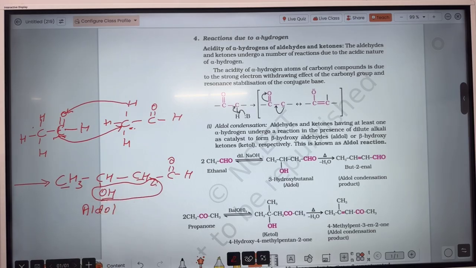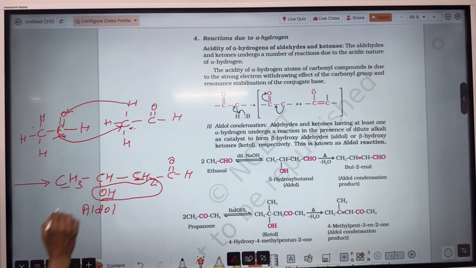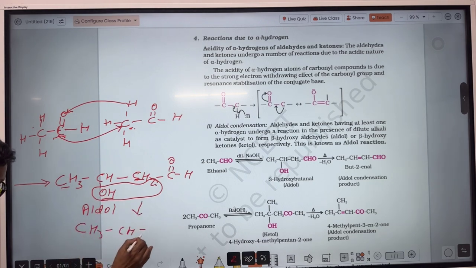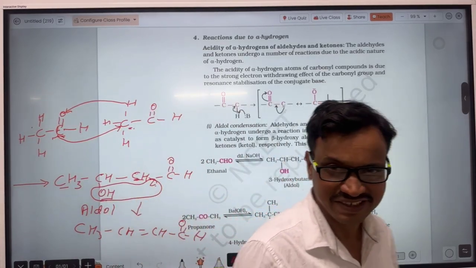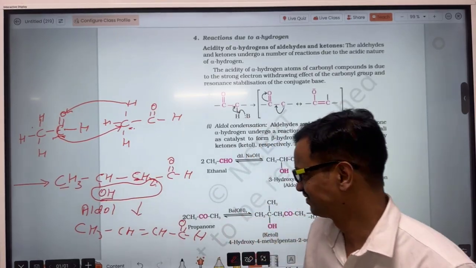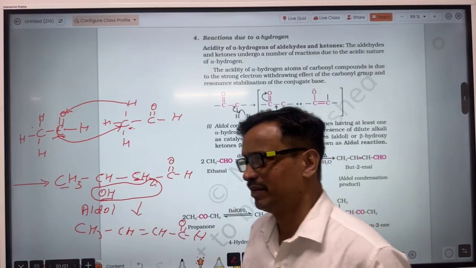So this OH will bond to the hydrogen of this carbon, forming H2O, and a double bond will form between both carbon atoms to satisfy their valency. So the structure will be this, which is the aldol condensation product. Okay, so aldol and aldol condensation product, that is it.